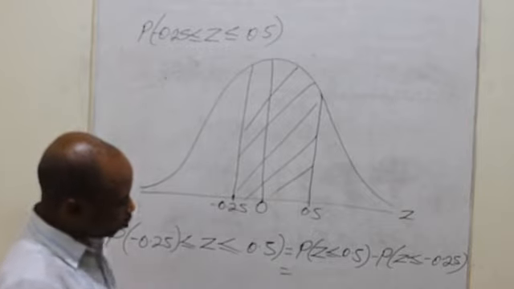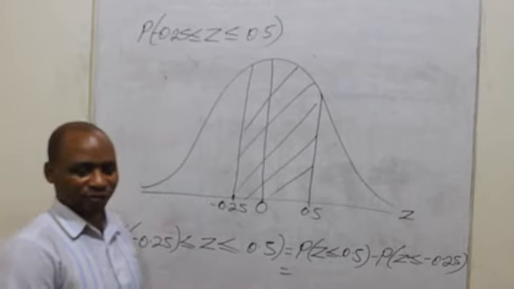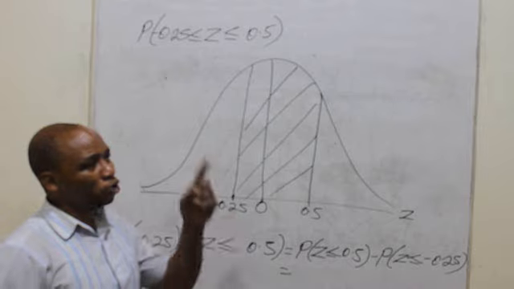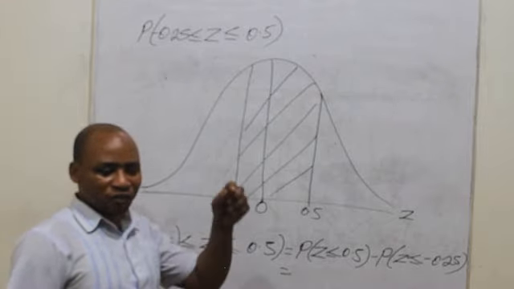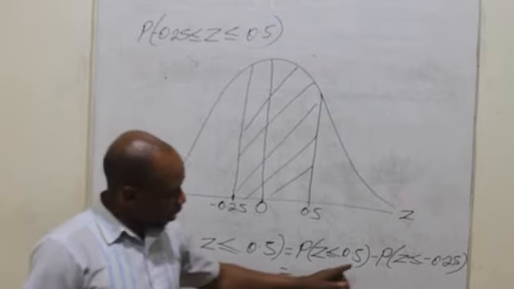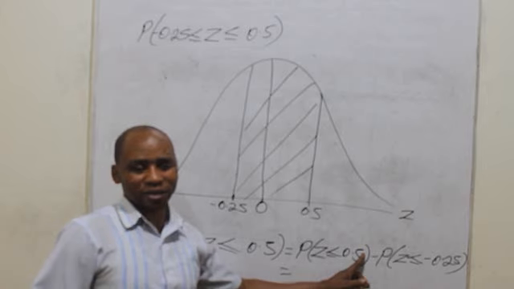we first try to read the value of 0.5. So what do we do? We go to the Z column, we trace it down till we get to 0.5. I say there's no digit after the 0 point, means the digit there is 0.